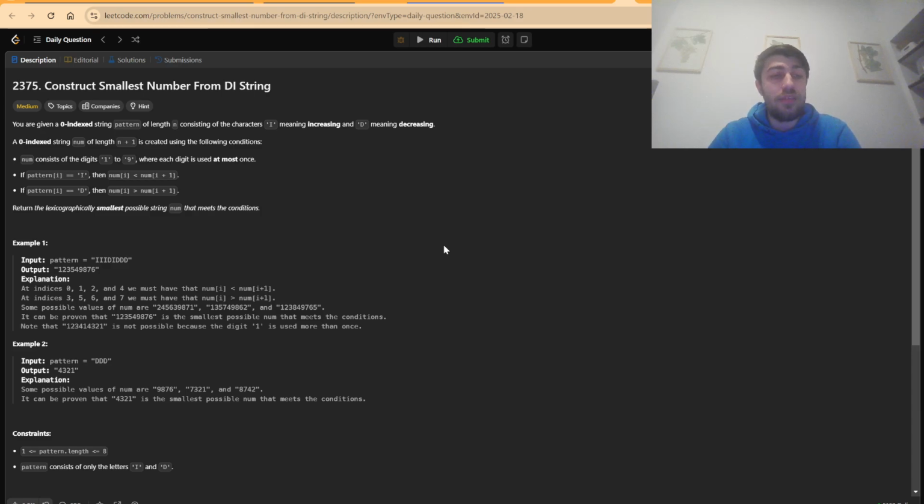And the biggest thing to consider is that in the case of this LeetCode problem, the length of the pattern is at most 8. So we are actually looking at very small numbers, and the numbers can therefore have at most 9 digits.